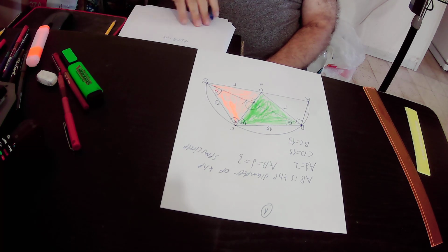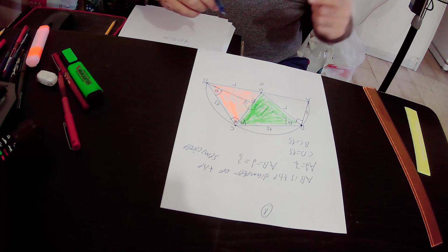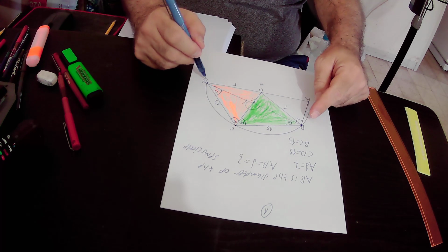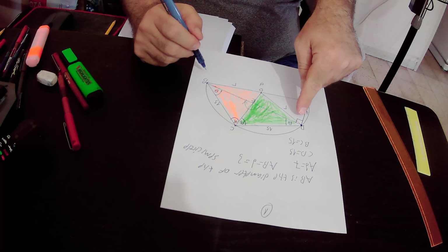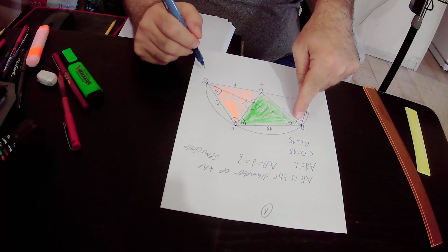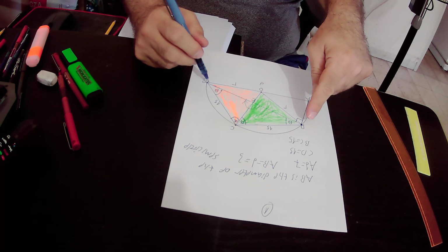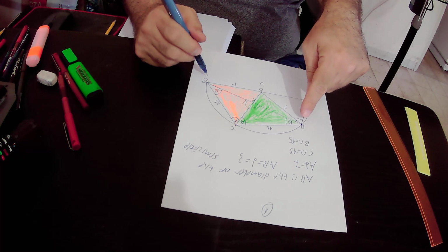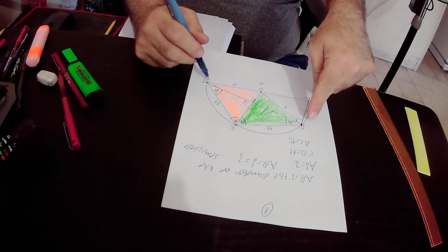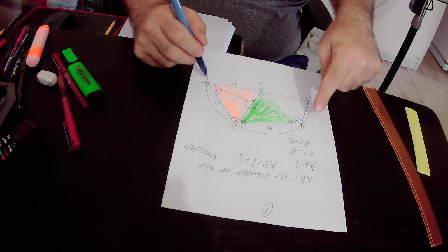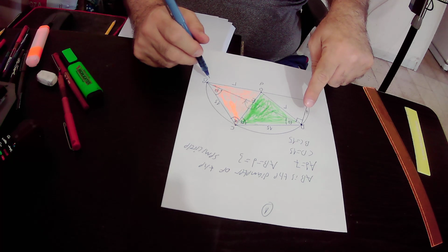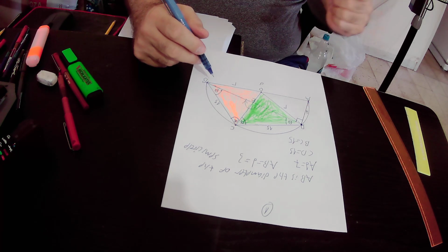But from the other side, because DB is a straight line, it is one side of the angle ADB that is a right angle, therefore angle DEB equals 180 degrees.